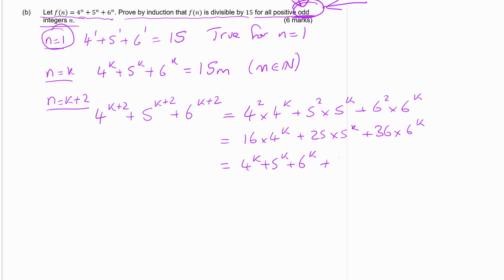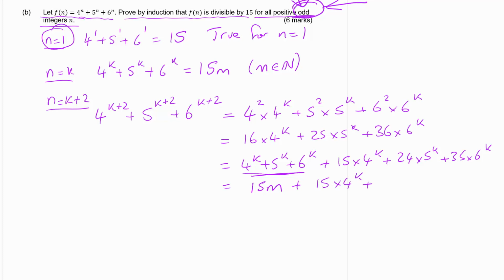If we do that, we're left with 15 4 to the k's, 24 5 to the k's, and 35 6 to the k's. And of course, this stuff here is just 15m. Then I've got 15 times 4 to the k.